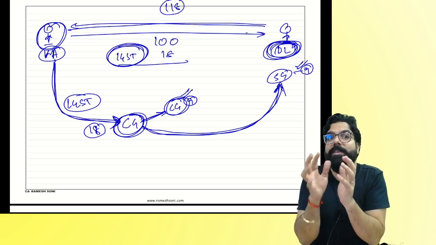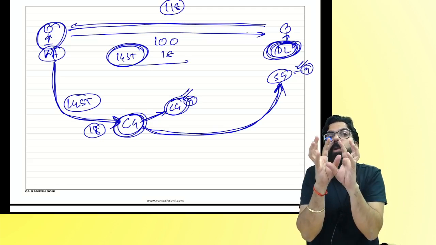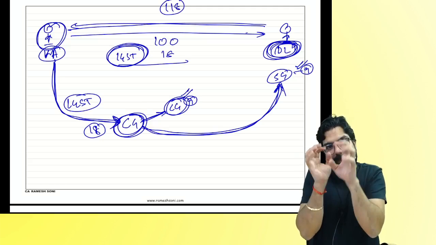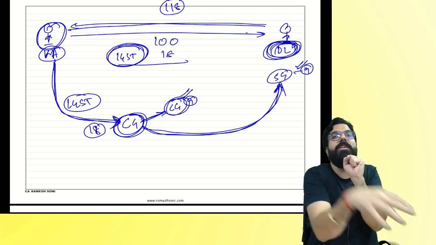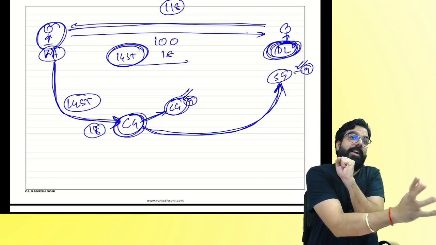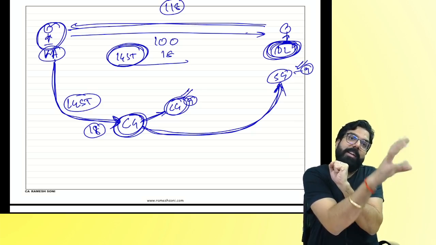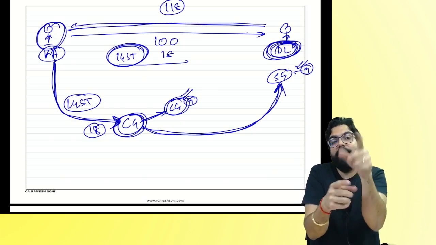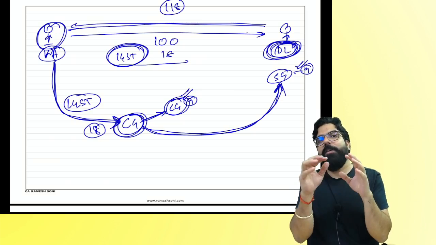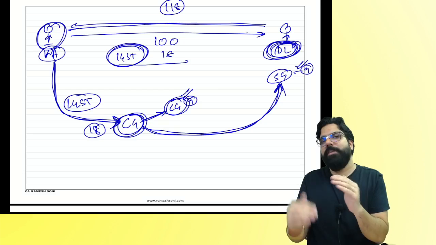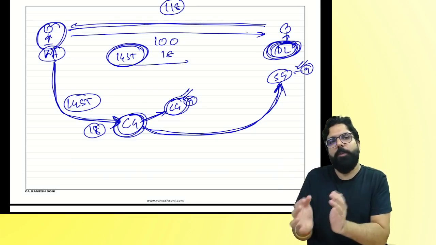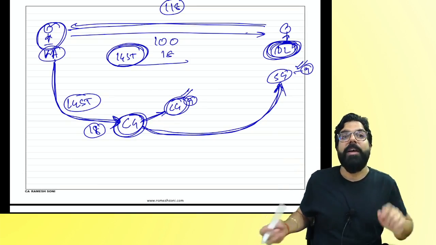But if I collect IGST, it goes to the central government, and the central government keeps 50% and gives 50% to the state government of the destination state. The destination state is where the consumer consumes the goods, and only that state government will get the tax. And yes, there is a lag. The central government on some periodic basis gives the state's portion of IGST to the state government. Yes, there is a lag.